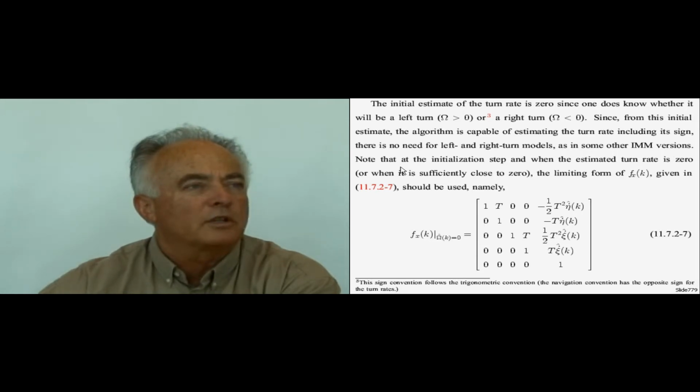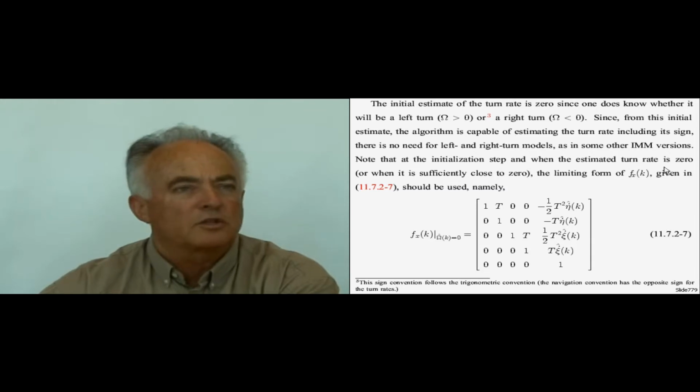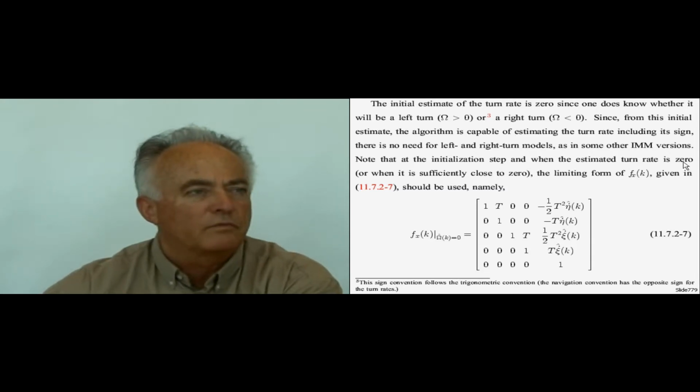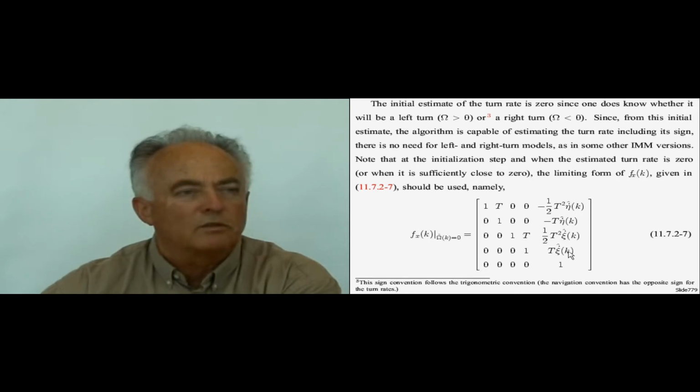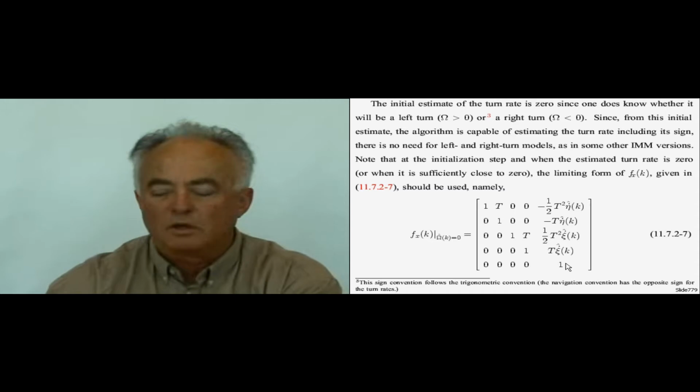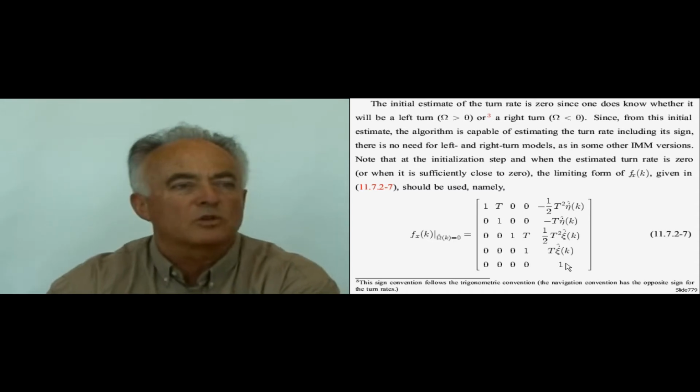It's important that at the initialization step, when the turn rate initial estimate is taken as 0, we can look at the limiting form of the Jacobian, and this is easily obtained according to this expression, because otherwise there is a singularity, so it has to be analytically evaluated, and for small values not use the general expression.